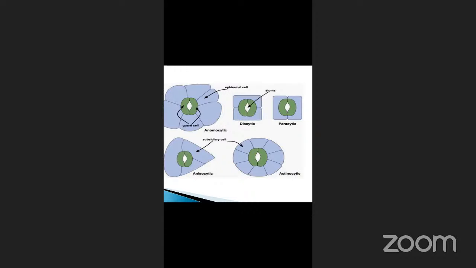In actinocytic, a number of epidermal cells surround the guard cell. All these are the types of stomata.